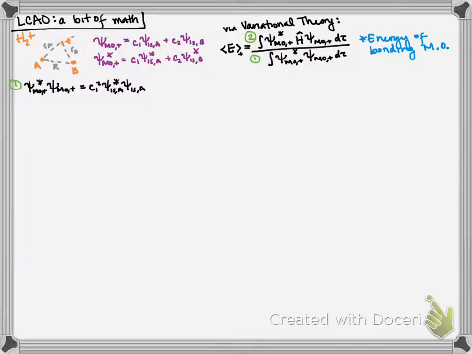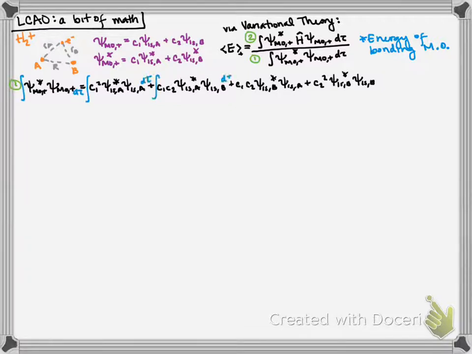One of those terms will be C1 squared psi1sA star psi1sA. Then we get a mixed term, C1 C2 psi1sA star psi1sB. We get another mixed term, flipping the A and the B. And then we get C2 squared psi1sB star psi1sB.